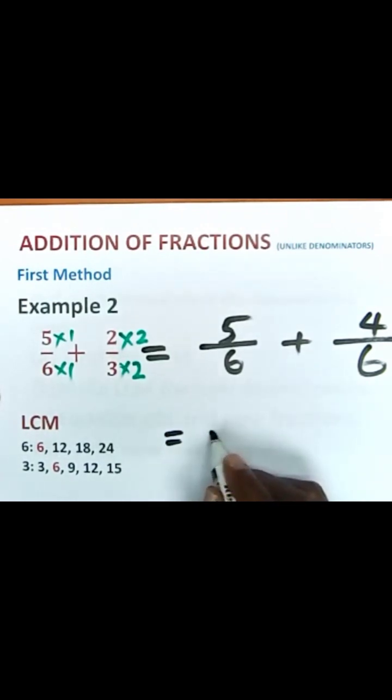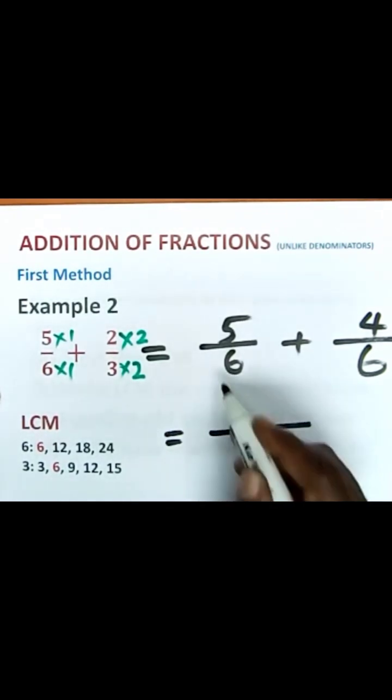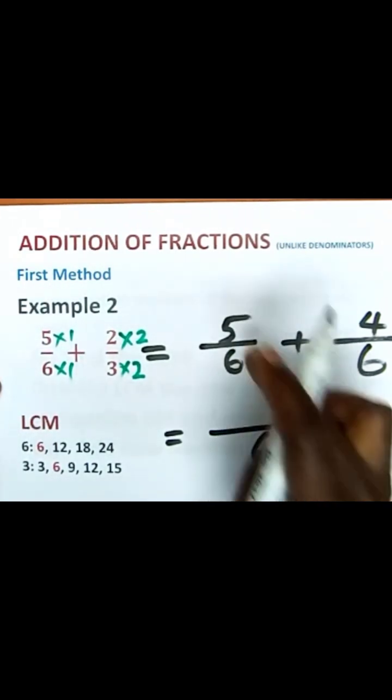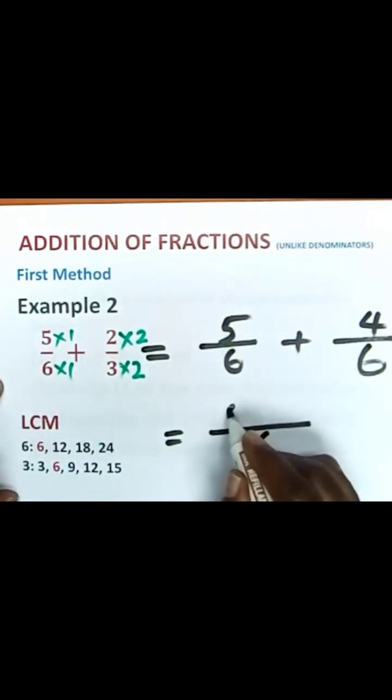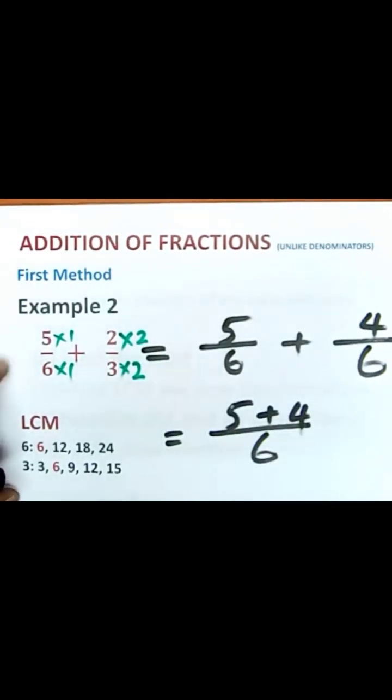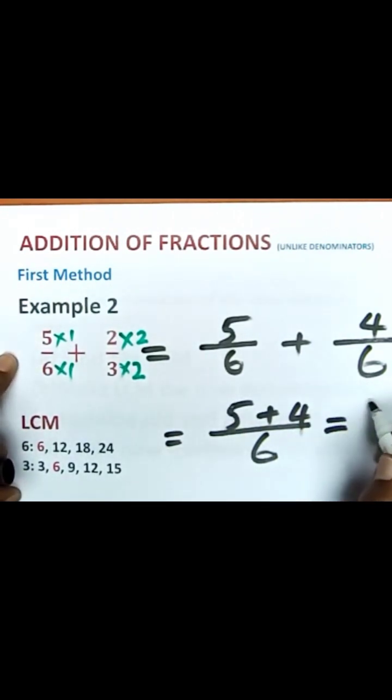So first, we draw a line, and then we bring the common denominator, which is 6, and then we write down the numerators, 5 plus 4, and then we just add them. So 5 plus 4 is 9, and then we bring down the denominator, which is 6.